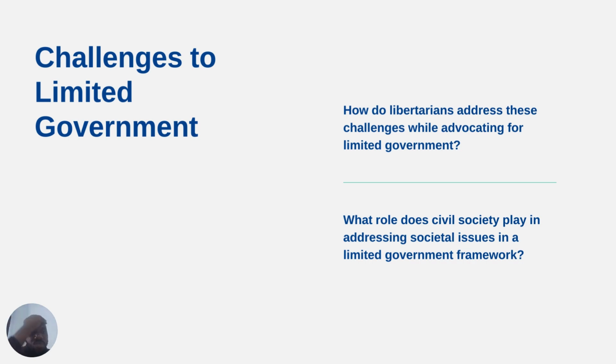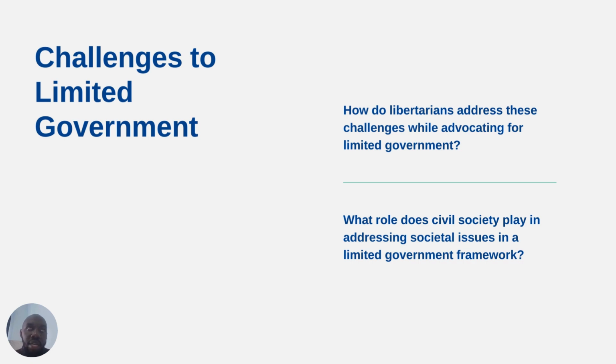And of course, I think when issues around poverty and inequality remain pervasive for us here in Africa or even in Kenya, finding the right balance between limited government and social welfare is paramount.